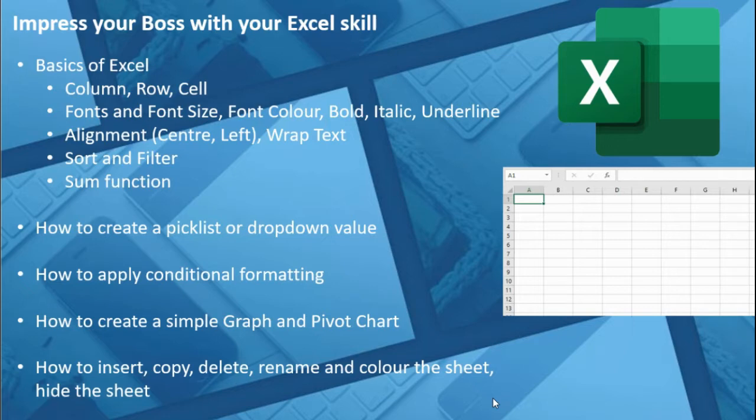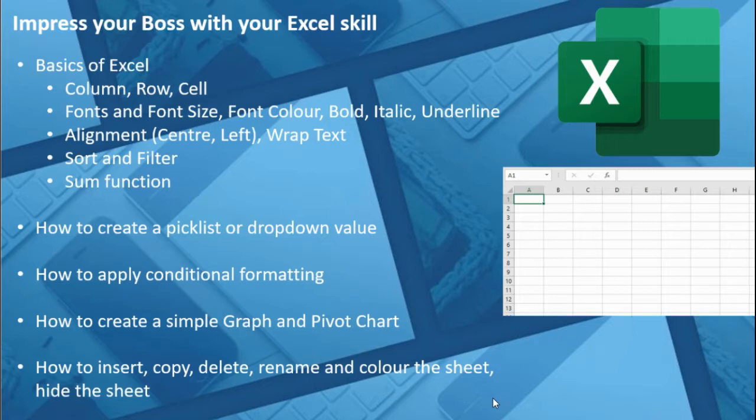We'll see the alignment, how to center align, how to left align, how to wrap long texts, how to apply sort and filter, and how to use the sum function. I'm just covering the sum function in today's video. I will have a dedicated video for all the formulas that we mostly use in Excel.